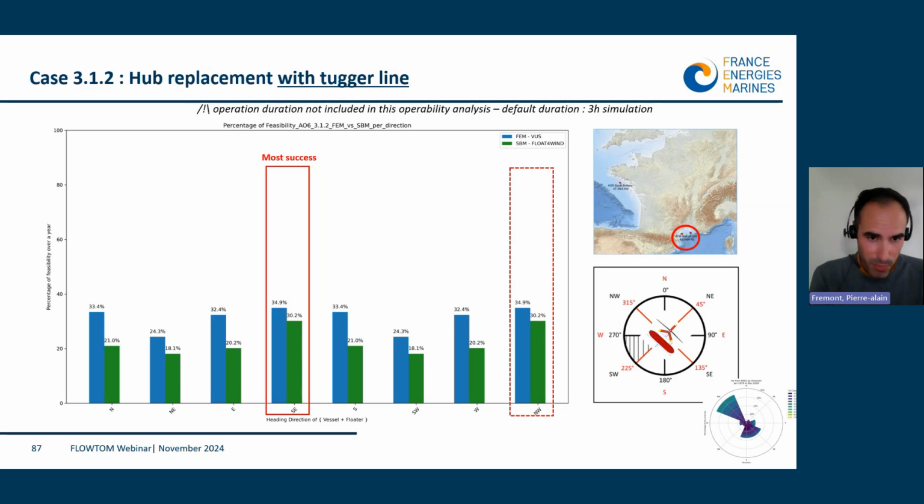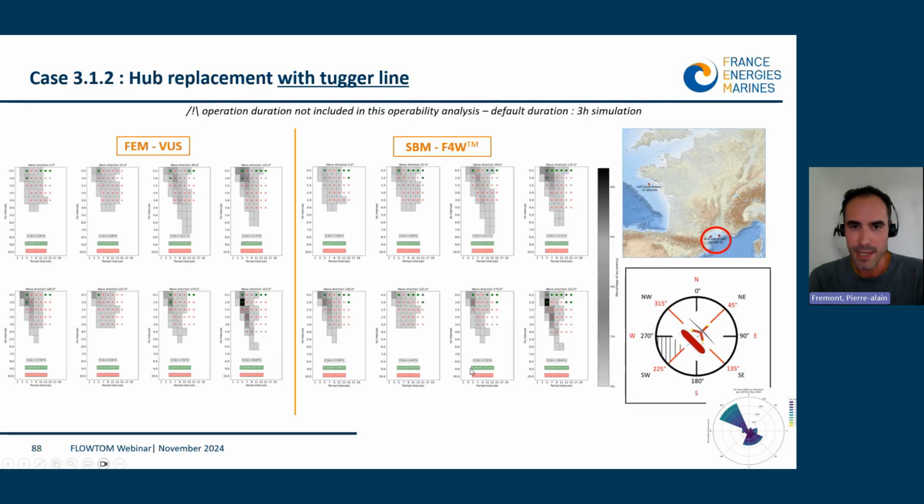The percentage of success is more or less around 30% for all directions, with slightly better results in the southeast direction, which is when the floater is facing the main wave direction.